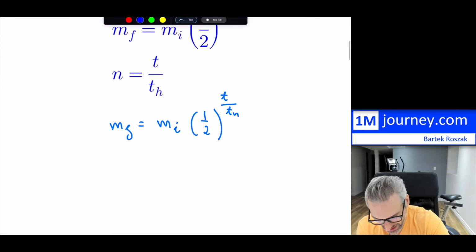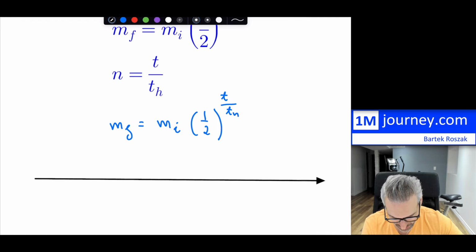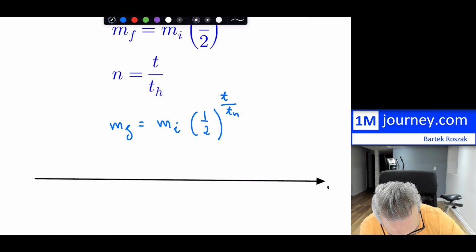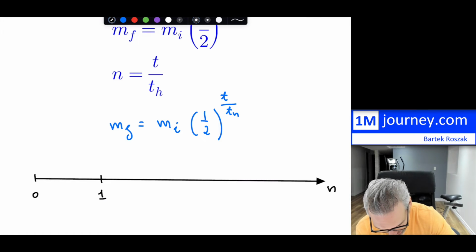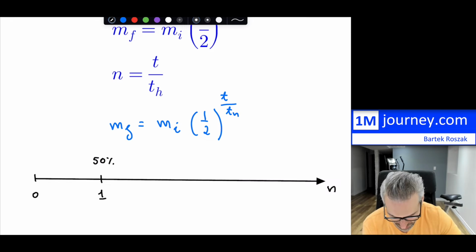So if you take this on a time scale, this is how it works. Let's imagine that this is my time scale, but this would be the amount of half-lives. So how many half-lives have passed? Let's say one half-life has passed. This would be a result of 50% of what you started.